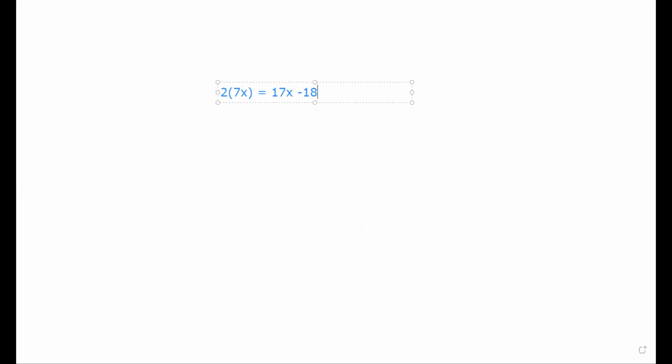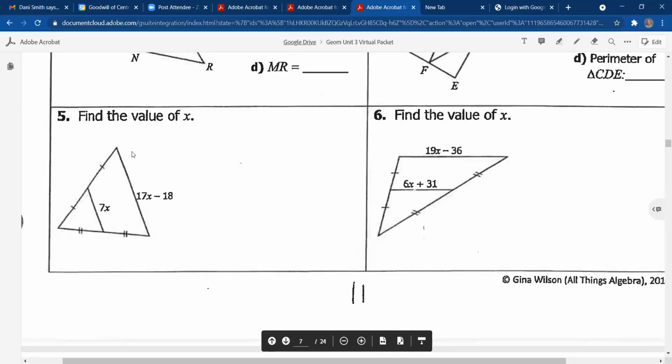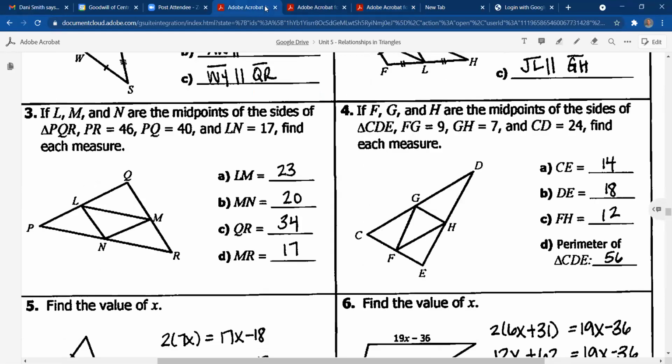So there's the equation. Questions on how I got that? The mid-segment line is half of this. So if I double this, it will equal that.